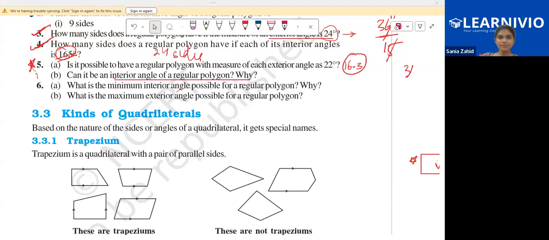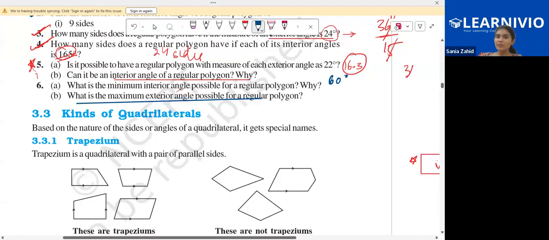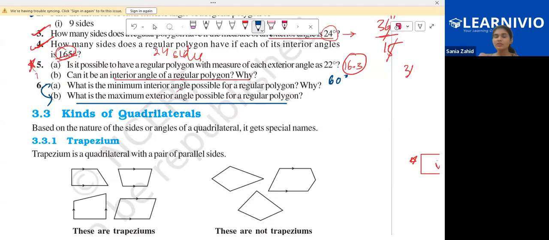Copied the A part? Yes, ma'am. Okay, now they are asking what is the maximum exterior angle possible. See, these are related questions. Why? Because interior and exterior are related. If interior is more, exterior is less. If interior is less, exterior is more. So if the interior angle is minimum, then the exterior angle is maximum, because interior plus exterior should always form 180 degrees, right?